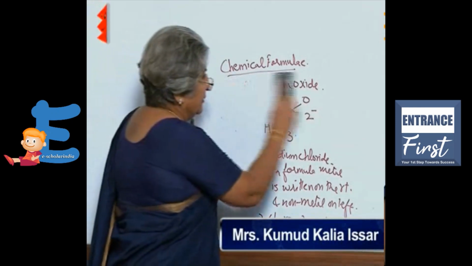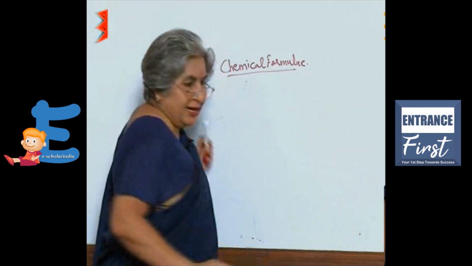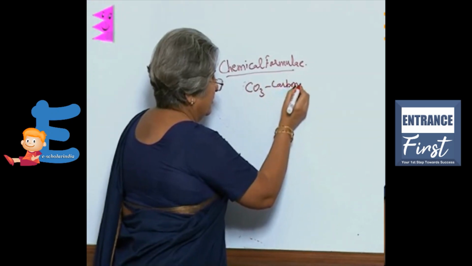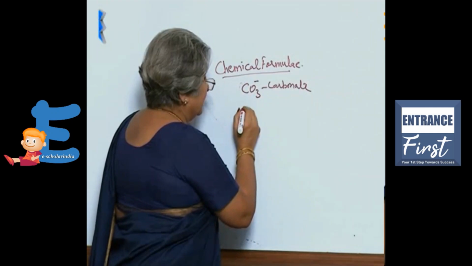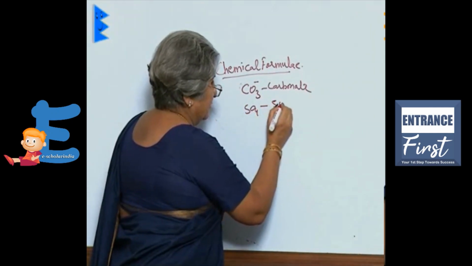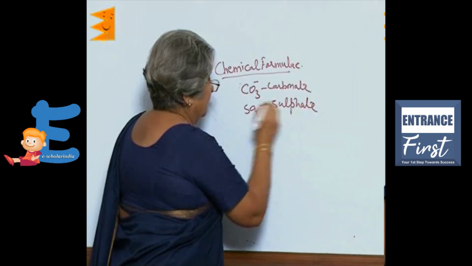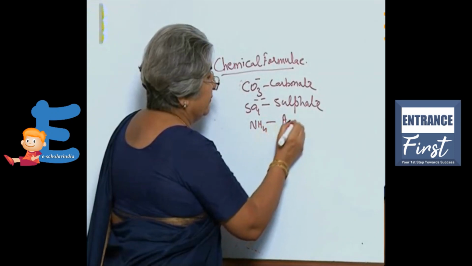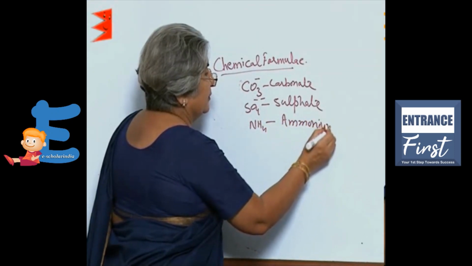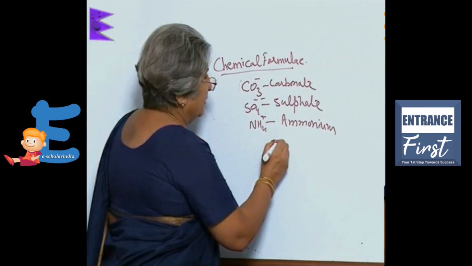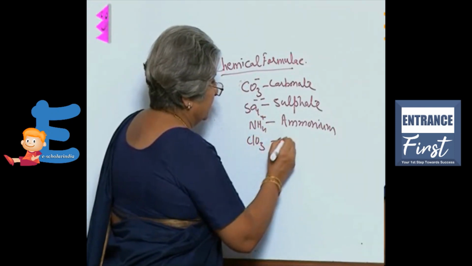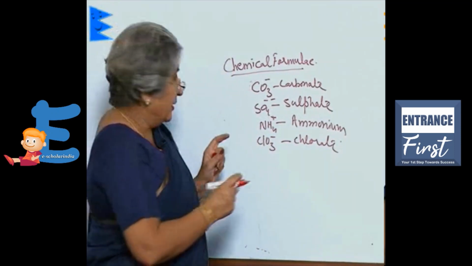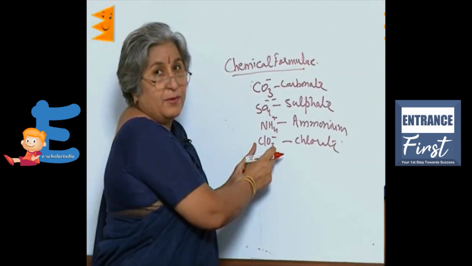As in case of carbonate, nitrate, hydroxide, this is carbonate, this is -1, sulfate, -2, NH4, ammonium, this is 1 positive, chlorate, one negative.